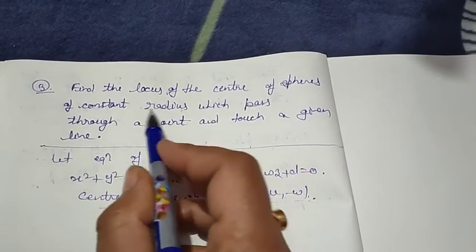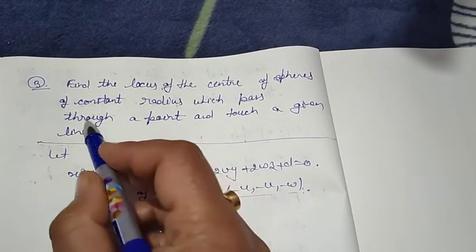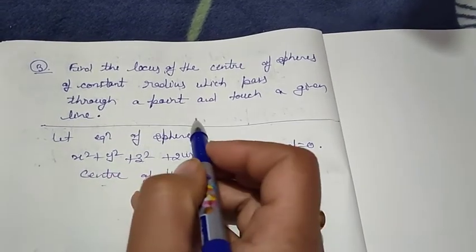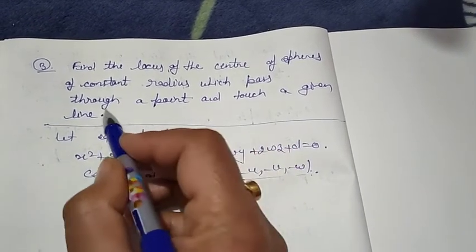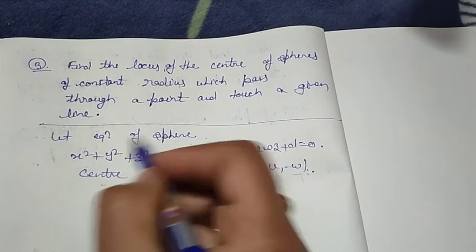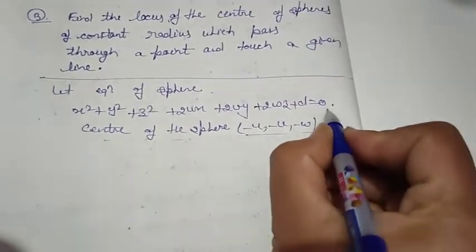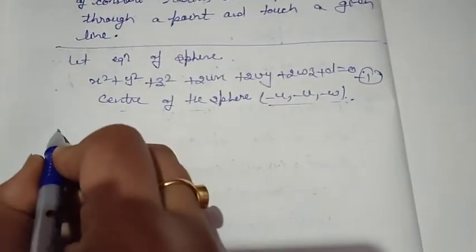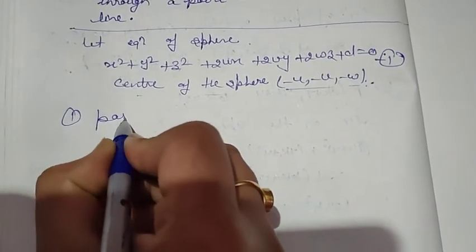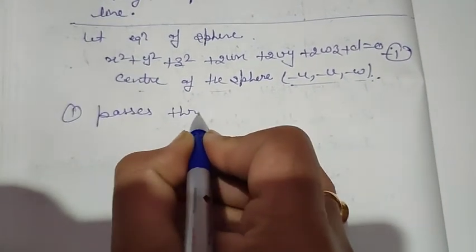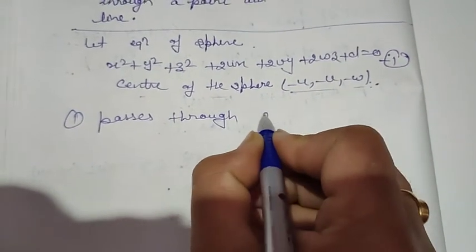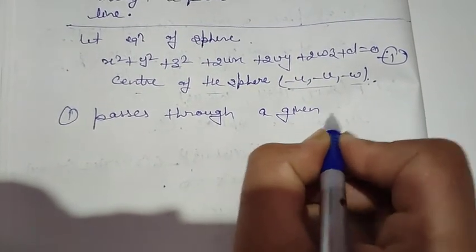Here it is given that the sphere has a constant radius, passes through a given point, and touches a given line. So the point is given and the line is given. This sphere passes through a given point.